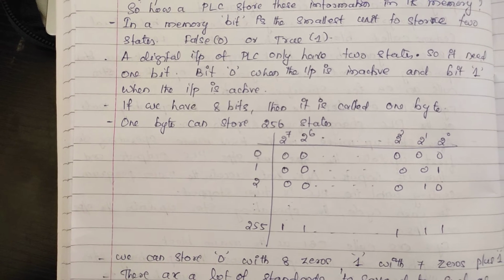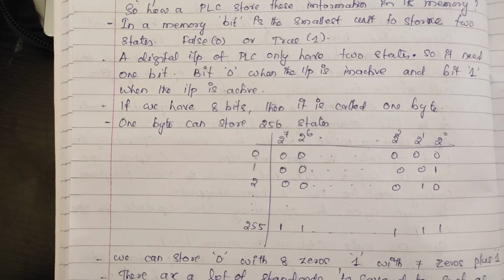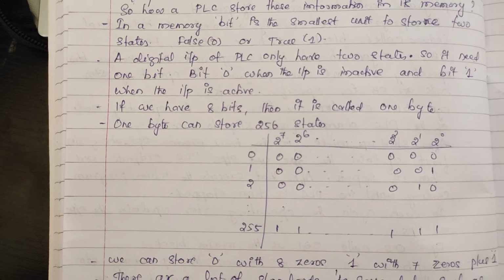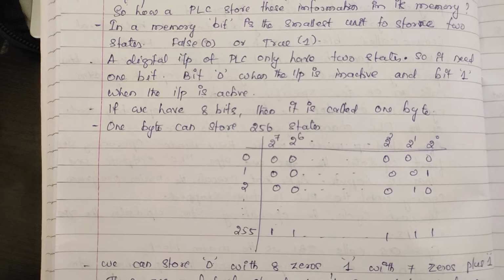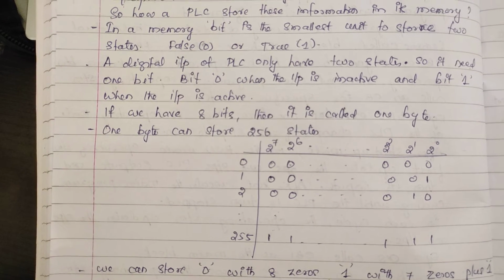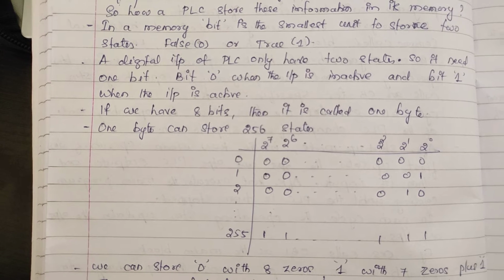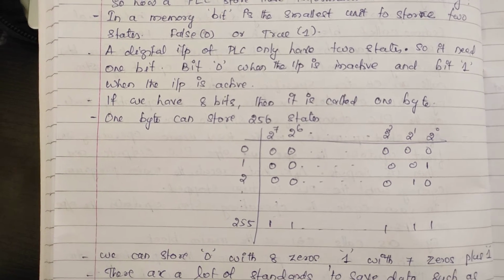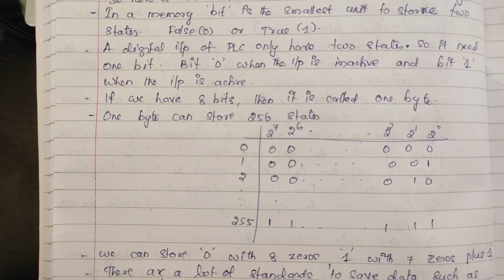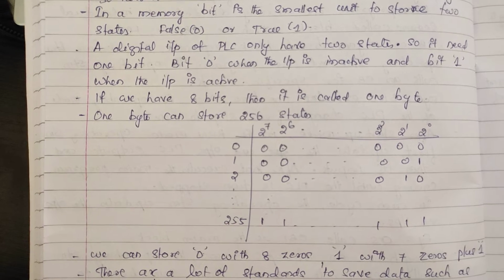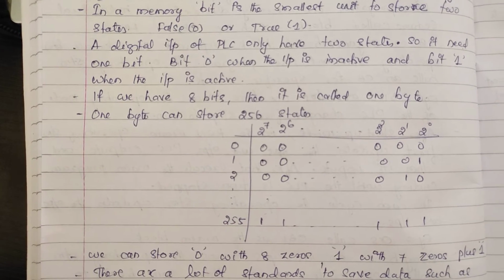Now if I require more precision, like more number of bits, then the next step is the byte. 1 byte is equal to 8 bits, correct? So what is the advantage? If I have a single bit, I can store only two states, either 0 or 1. But with a byte, which includes 8 bits, I can store 2 raised to 8, that is 256 states.